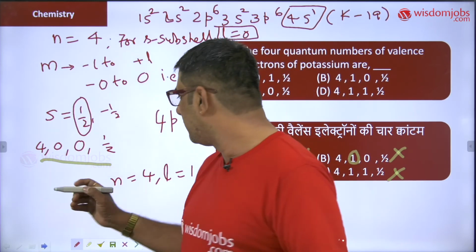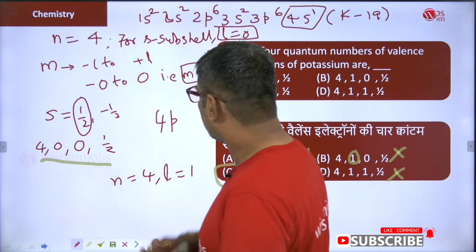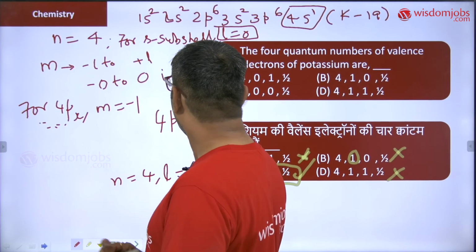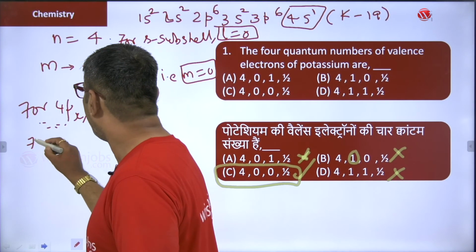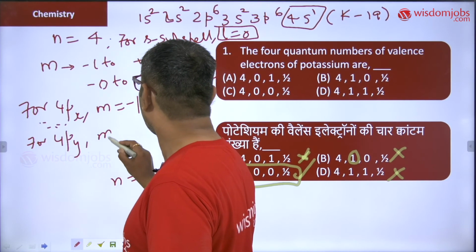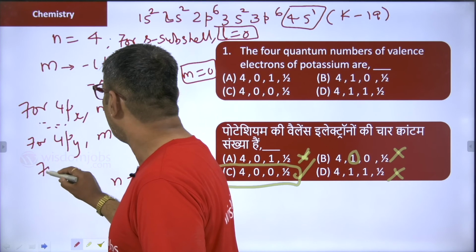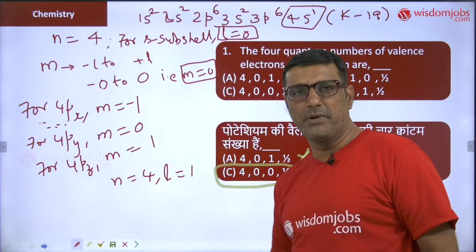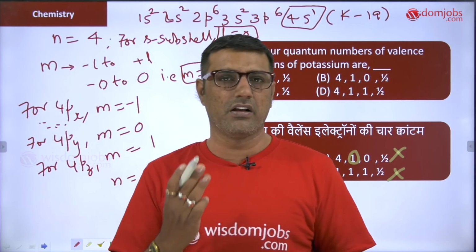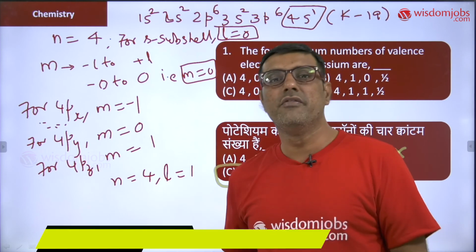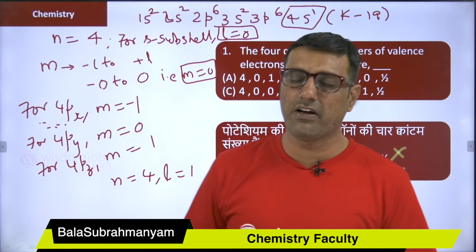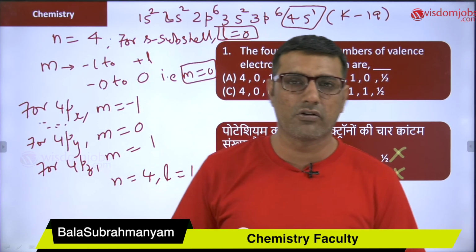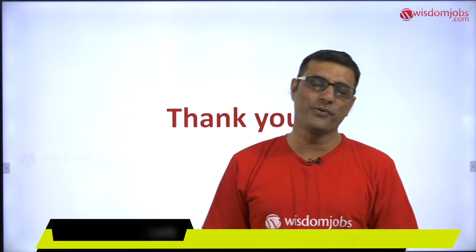For 4px, m is -1; for 4py, m equals 0; and for 4pz, m equals 1. So for the p subshell we have 3 values of m. Similarly, for d we can have 5 values of m. In that way we can easily identify the quantum number set for every valence electron of a particular element. Hope you enjoyed this video.